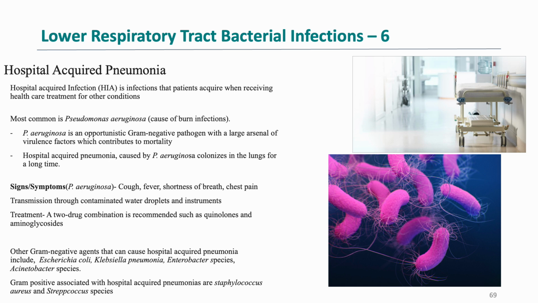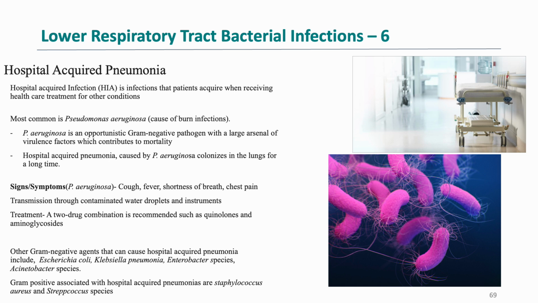And Pseudomonas aeruginosa is an opportunistic gram-negative pathogen with a large arsenal of virulence factors, which contributes to mortality, specifically in patients with cystic fibrosis.